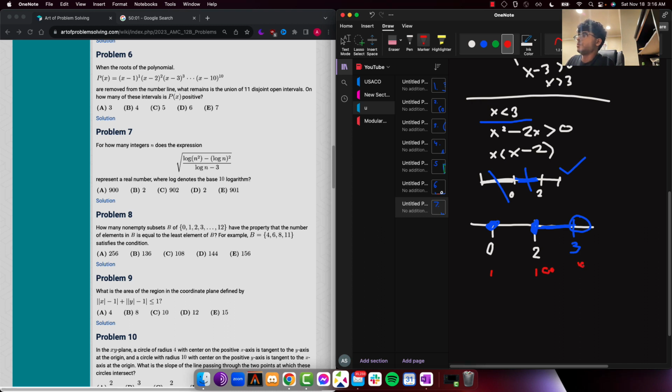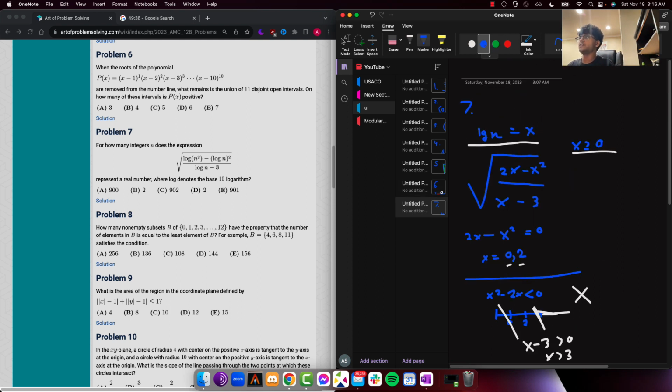So the number of numbers from 100 to 1000 is 900 plus 1, which is 901, but then we get rid of the 1000 case, so we only have 900 numbers there, and then we do plus 1 for the 0 or the 1 in the regular scale, so we have 901, so that means that this should be E, I think. Wow, that problem was a little bit tricky.